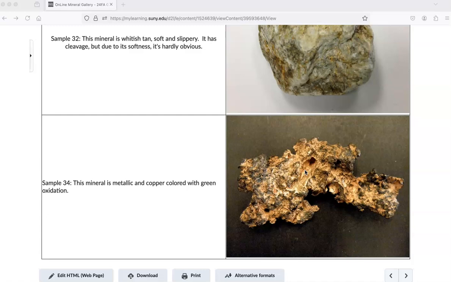So, copper's a member of what group? Yeah, so sometimes you want to say oxide because you're going to see a little green on it, right? And the Statue of Liberty's green, or if you've seen a copper roof, or maybe you have a copper pot or two at home. I won't mark it wrong. But we do like to see copper in the elemental group. Yes, it's going to oxidize.